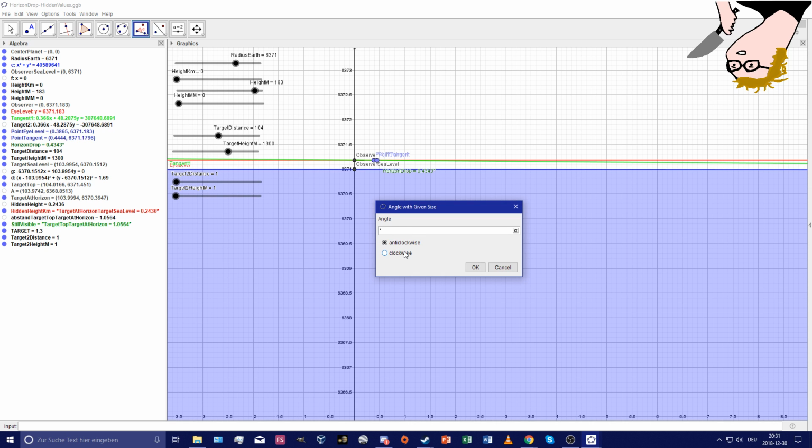Obviously, first of all, we need it to be set clockwise. What's the angle? Easy. 360 degrees multiplied by target 2 distance divided by radius.